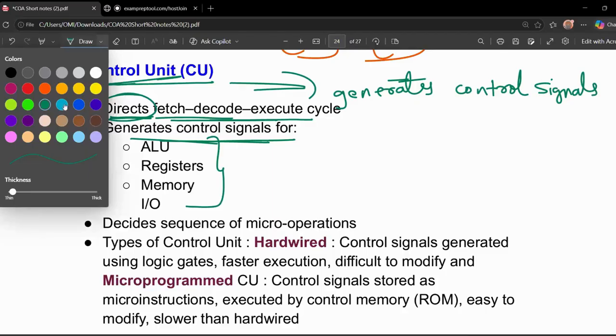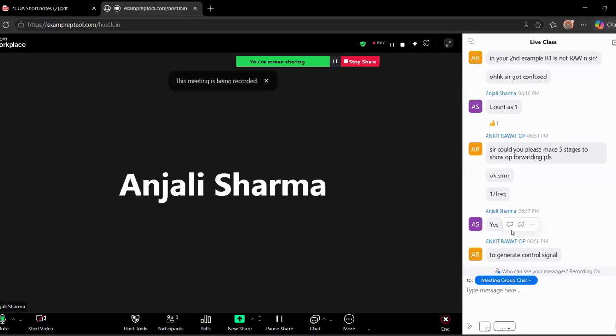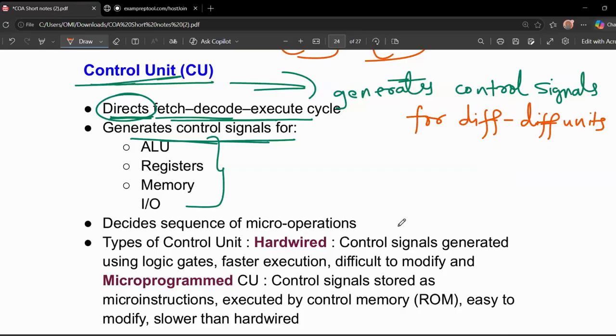Its main job is to generate the control signals for different units, like the ALU, memory, IO, and others.